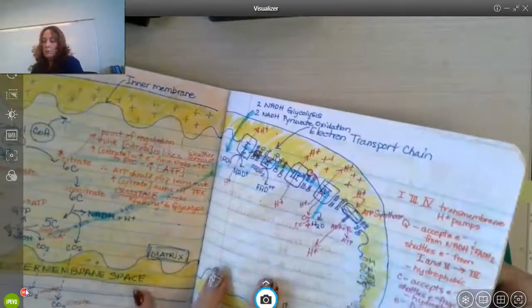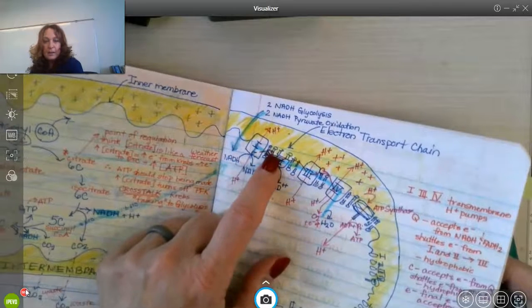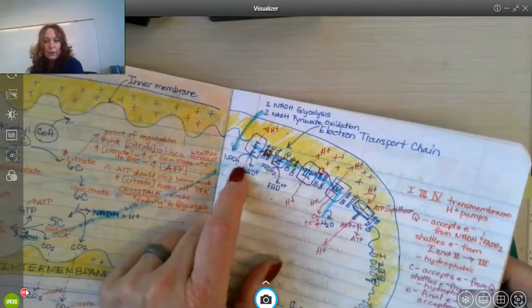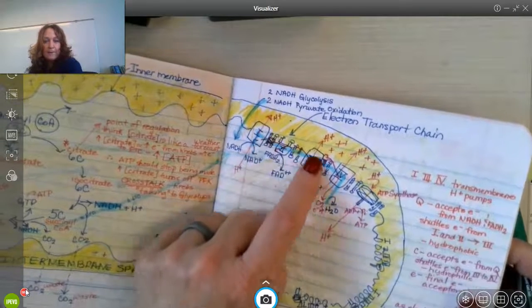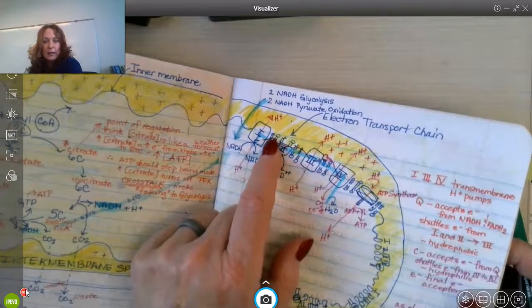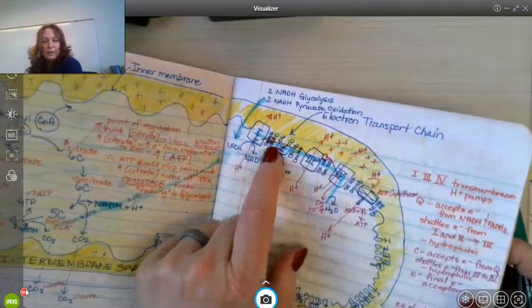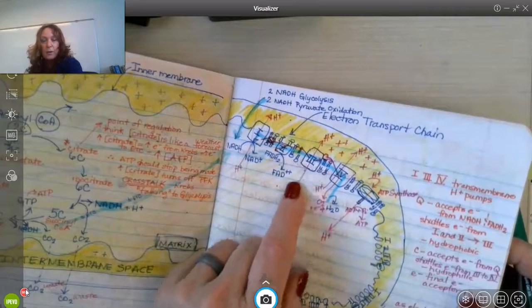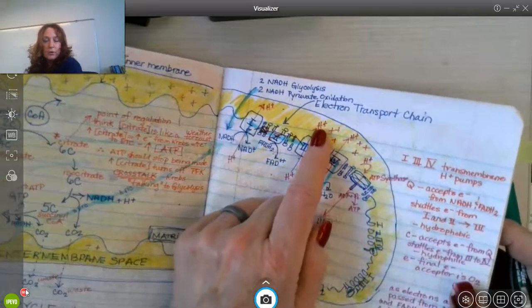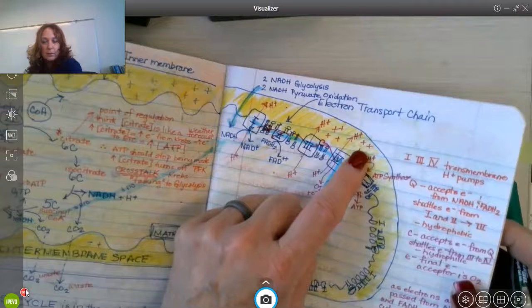So this electron's high energy, it drops in energy when Q holds it tighter. That energy is used by complex 1 to pump hydrogen ions. As C steals the electrons from Q and holds the electrons tighter, that energy that the electron dropped from being held tighter is used to pump hydrogen ions across complex 3 into this inner membrane space.